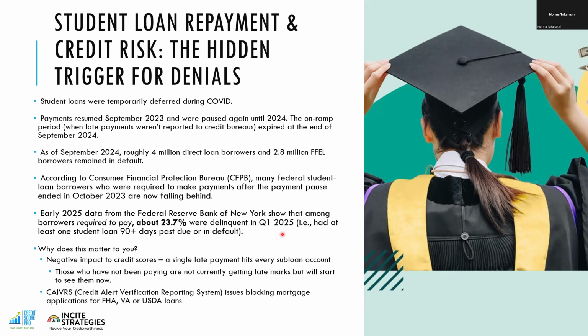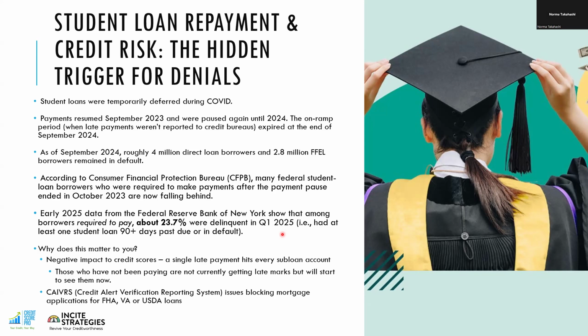They were sent notices, but the problem was the forbearance was for so long that a lot of the email addresses and mailing addresses had changed for a lot of people. So they weren't necessarily seeing the notices that their student loans were going to be due again. And unfortunately, because student loans are promissory notes, not getting that notice is not a valid reason to try to get delinquency off of their credit report.